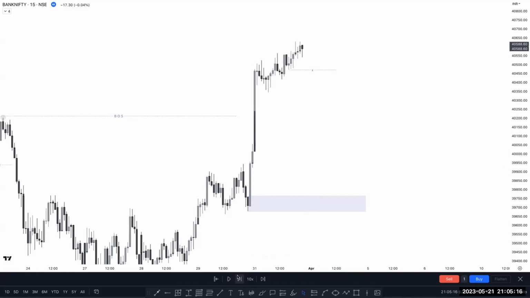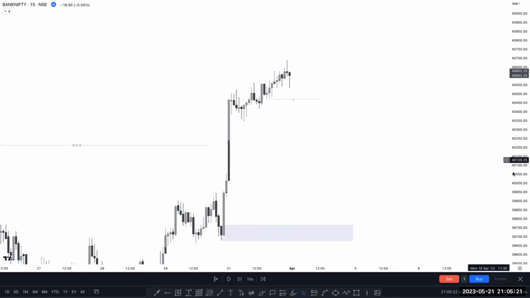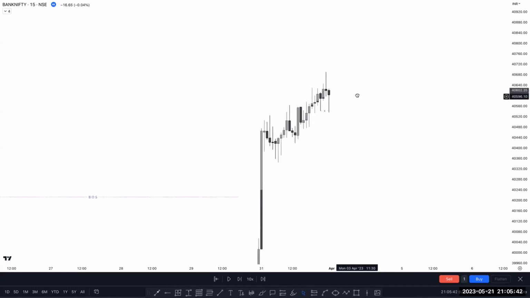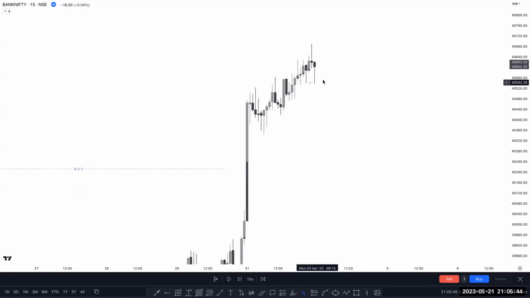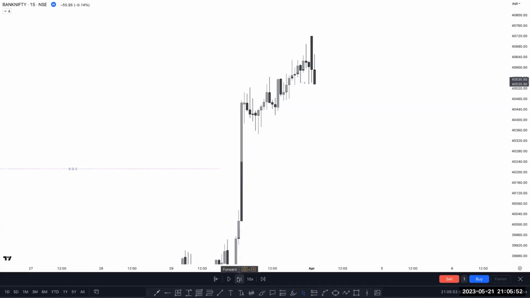At this point, you can see the inducement transfer from here to here, because this becomes our new pullback, and then again it pushes upside and creates a new pullback here like this, right? Everything is correct here. The market generally takes out this one, and you have to wait for it to create a single candle order block to confirm a valid buy setup here, right?